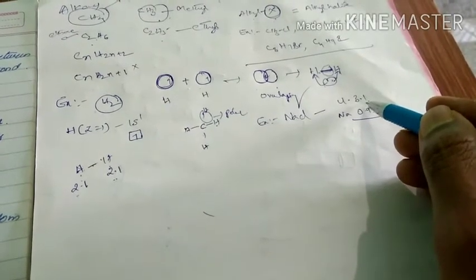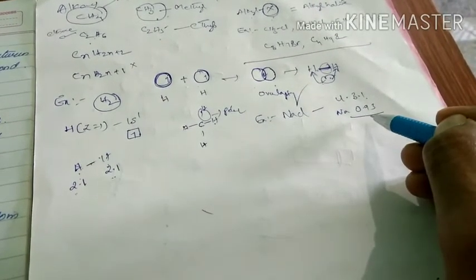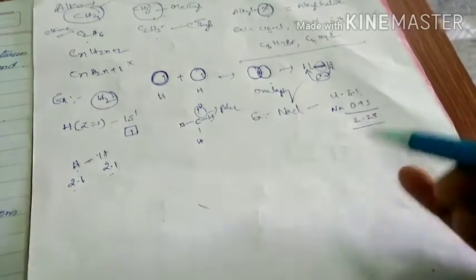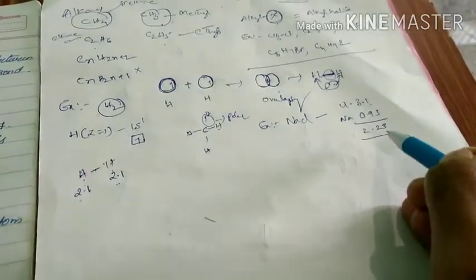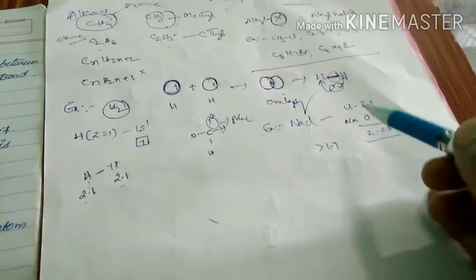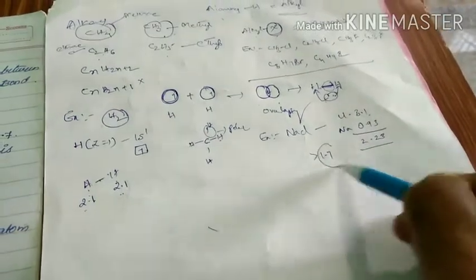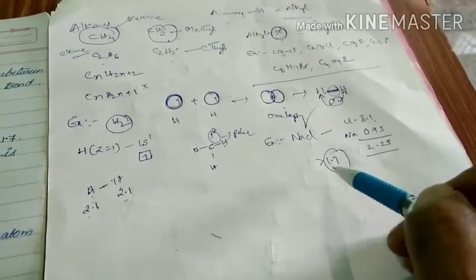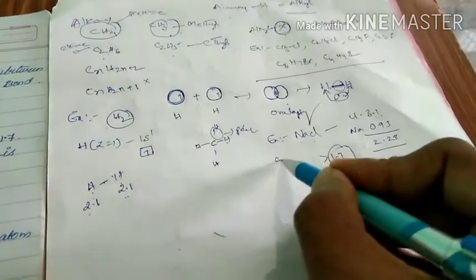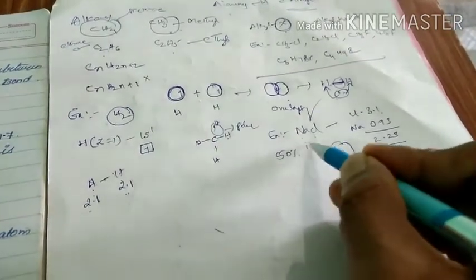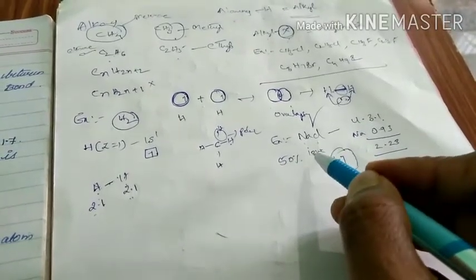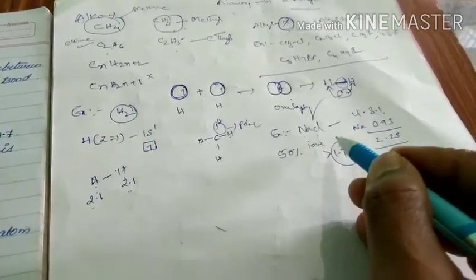That means what is the difference between 3.1 and 0.93? 2.23. That means this 2.23 is more than 1.7. That means here the EN difference is more than 1.7. Then what is the point here? Then between these two atoms, more than 50% of the bond is ionic. That means ionic bond is dominating here compared to covalent bond.